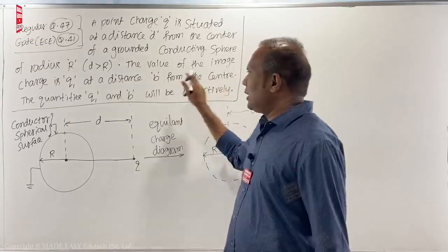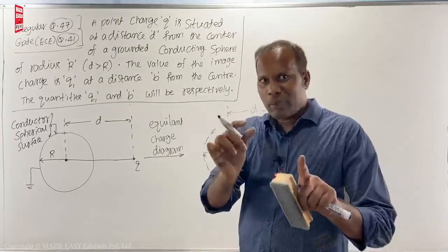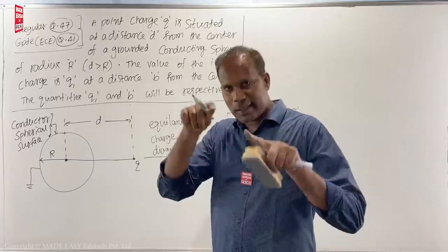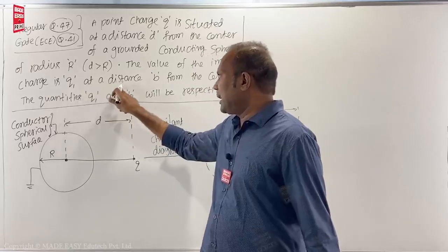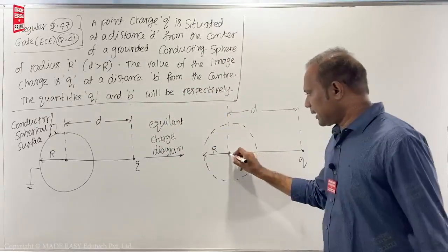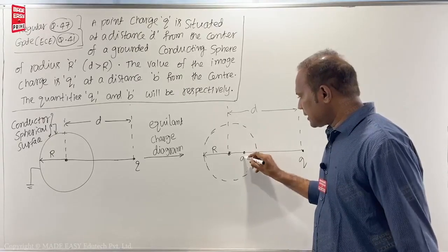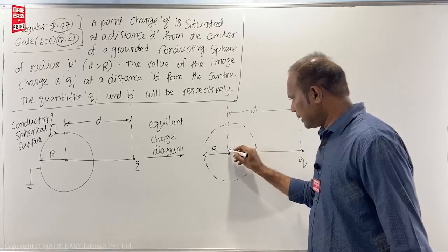The value of the image charge is Q1. He has given the name of that image charge as Q1, but he did not give the equation. He is asking for the equation of that. The image charge Q1 is at a distance b from the center, like this.